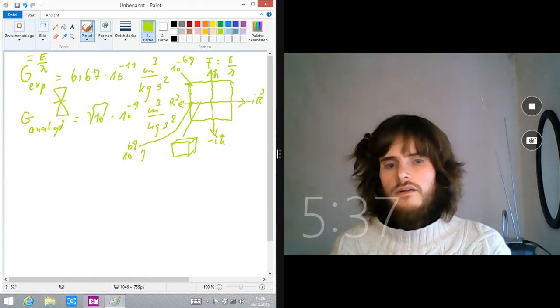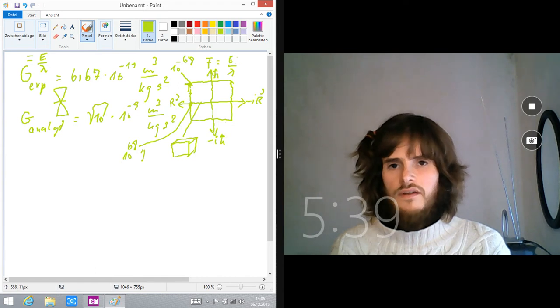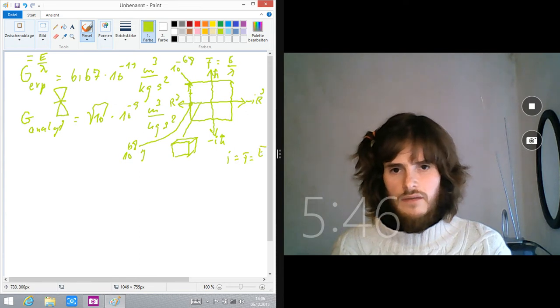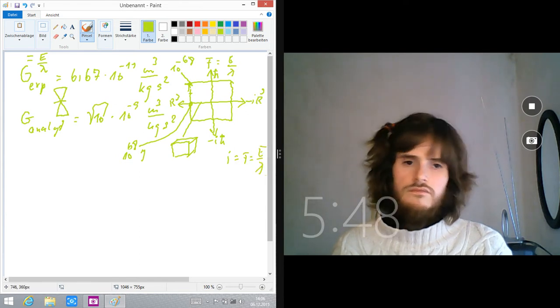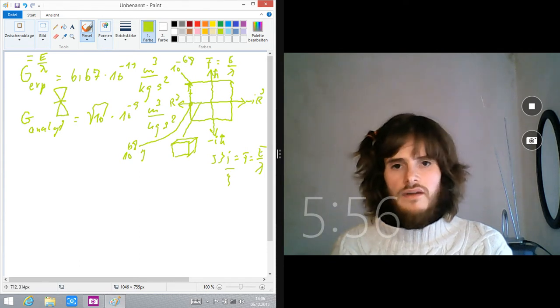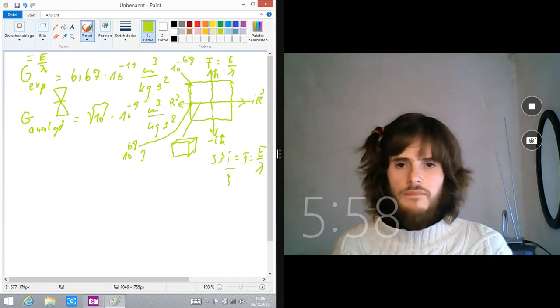In the special case, the formula of everything is a very general case, and one can also say F equals E by lambda. It's also possible to say 3E, 5E, or E by 9, or whatever. It's always F, another E by lambda.